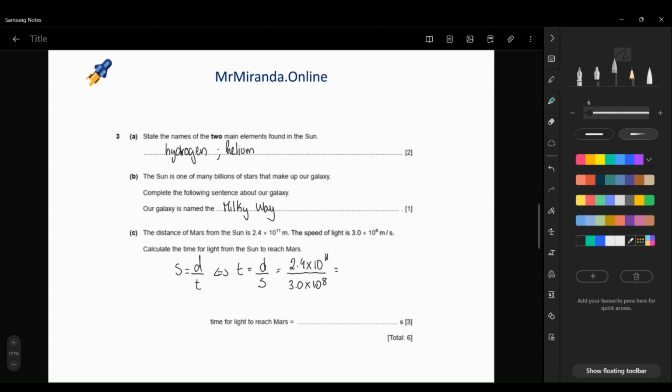And this will give the value of 8.0 times 10 to the power of 2, or simply put, 800 seconds. This would be around 13 minutes for the sunlight to reach Mars.